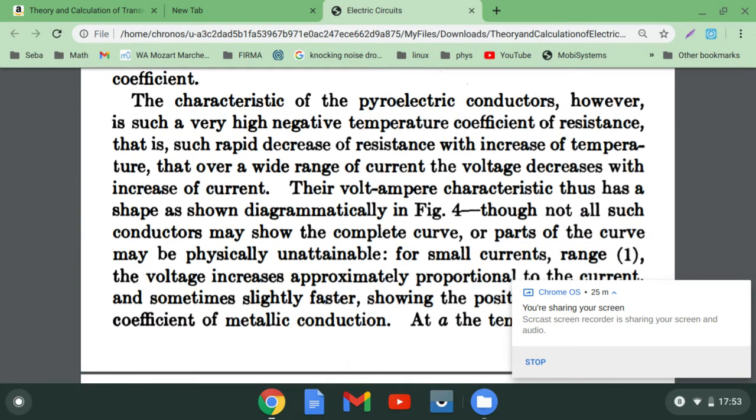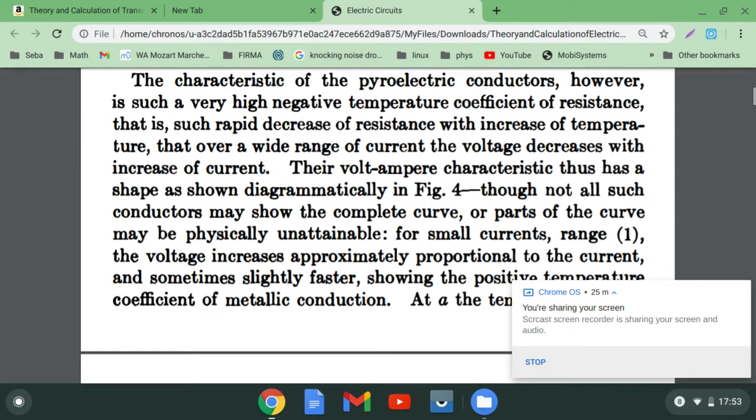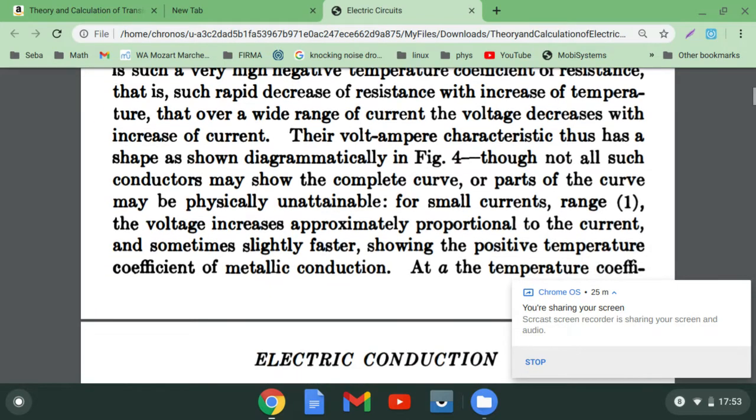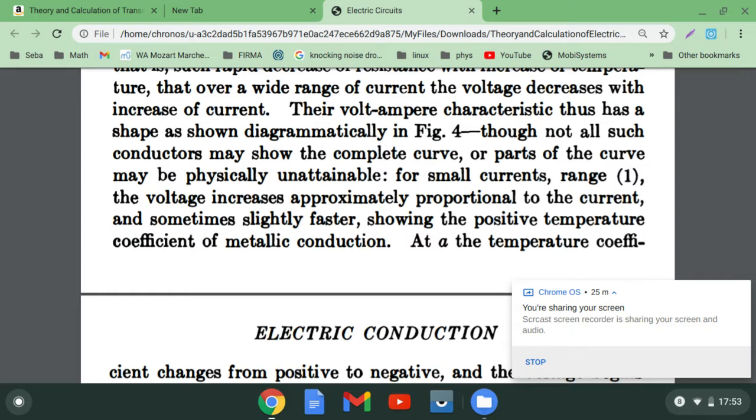The characteristic of the pyroelectric conductors, however, is such a very high negative temperature coefficient of resistance, that is, such rapid decrease of resistance with increase of temperature, that over a wide range of current, the voltage decreases with increase of current. Their volt-ampere characteristic thus has a shape as shown diagrammatically in figure 4.